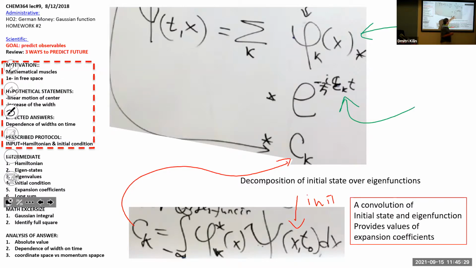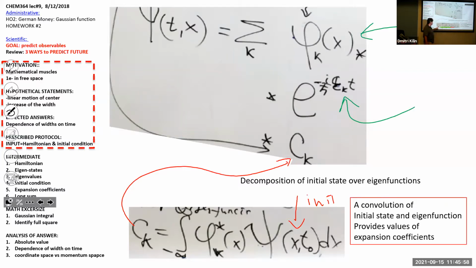And then we need to find expansion coefficients to match initial conditions. So we need to find such C sub k to say in which percentage, in which proportion these terms will enter into the summation to reproduce the bell shape at initial time. Make sense? Please support or tell me if I need to speak more. Okay, yeah, thank you for the support.